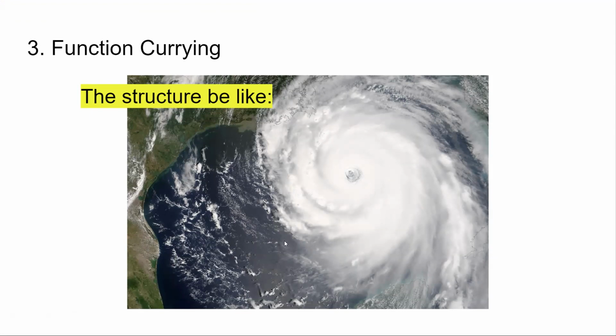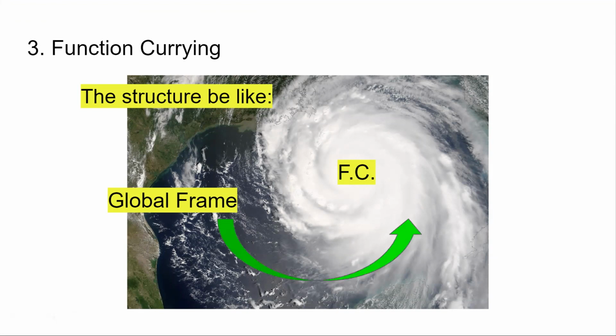The structure of function currying is like a hurricane. Suppose this is a function currying, and then we have a global variable outside of the hurricane. And then we have the very basic, very strong function currying. And then we have the first function definition, the very outer function, and then nested function, nested function.